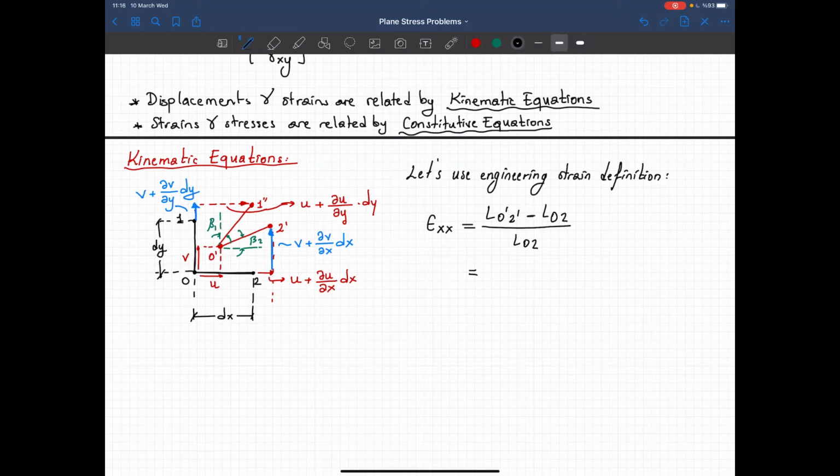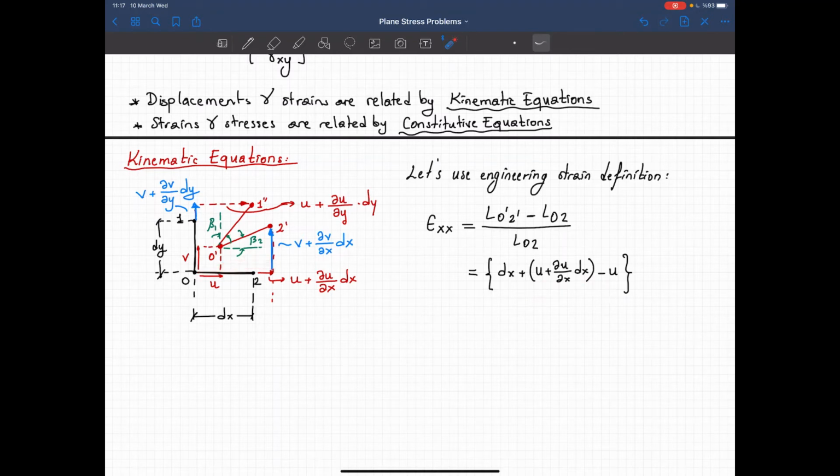So I can write the length of O prime 2 prime as follows: dx plus u plus del u over del x dx minus u will give me the length change in x direction, right? So the new coordinates of this point is equal to dx plus this one. That will give me this length.